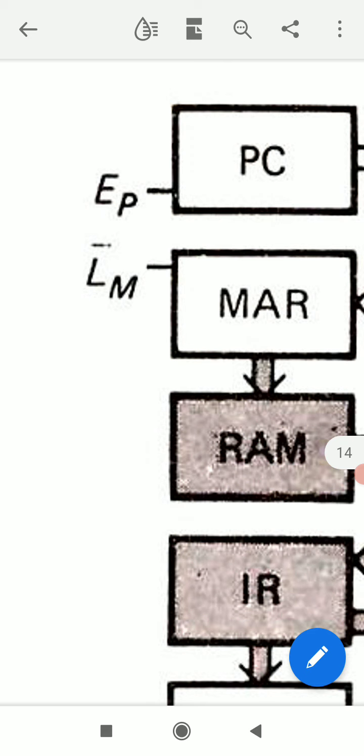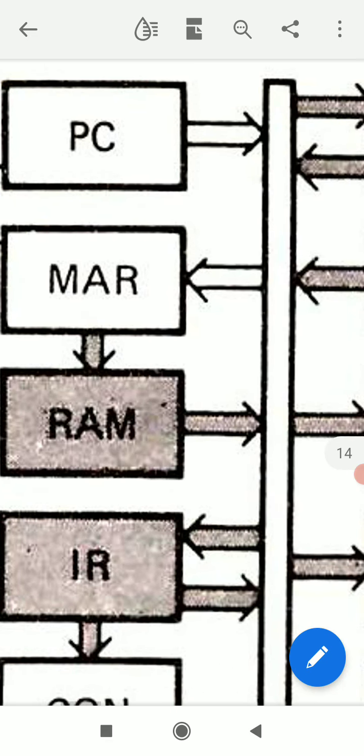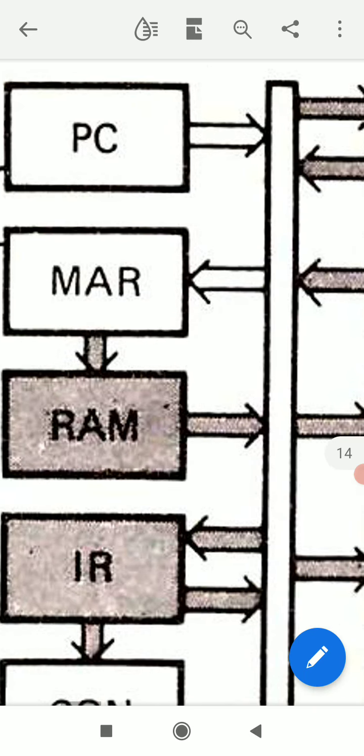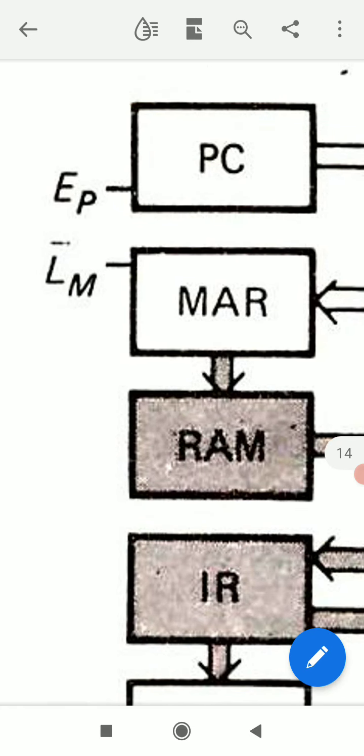LM bar means load MAR, L for load, M for MAR: load MAR with the word that is on the W bus. LM bar is active when LM bar is 0.